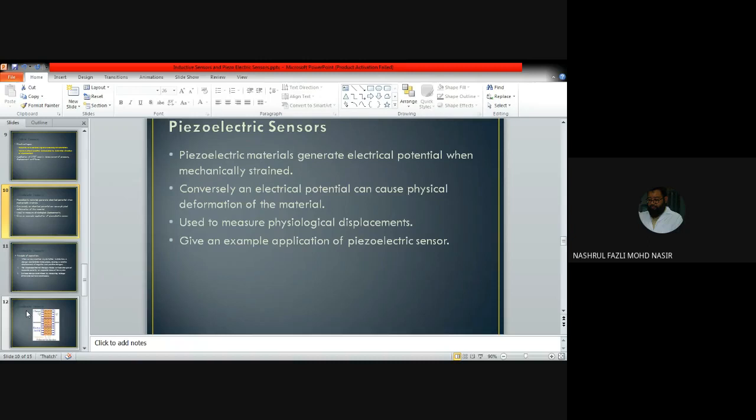That's why I relate it to ultrasound. When you want to scan a fetus, there's a displacement, the movement of the baby. So this is good, you can use the material to see how it reacts with the movement. I hope you can find other applications of a piezoelectric sensor.